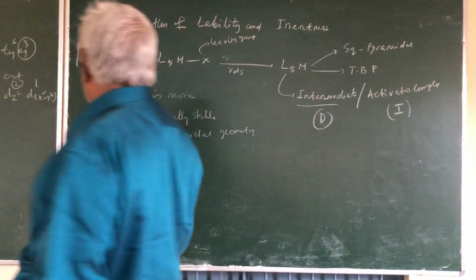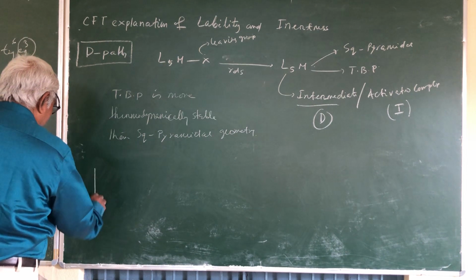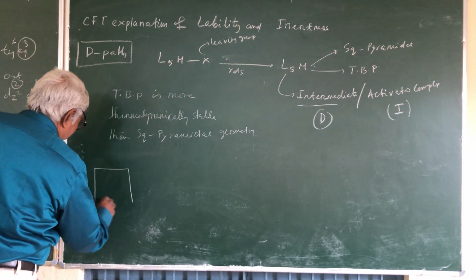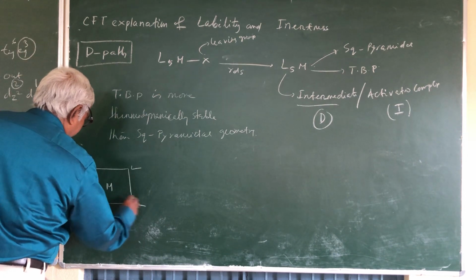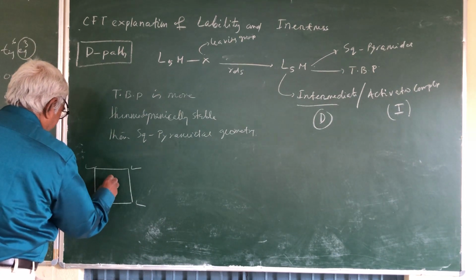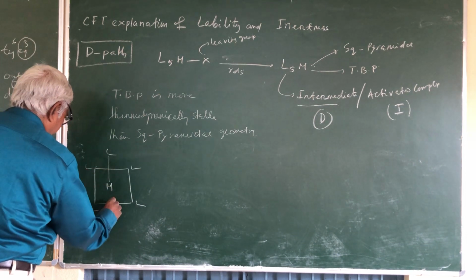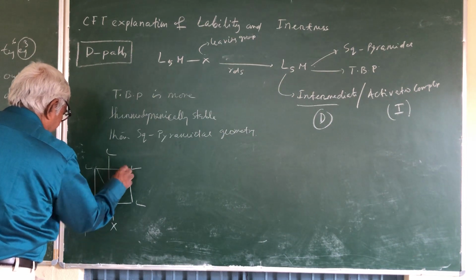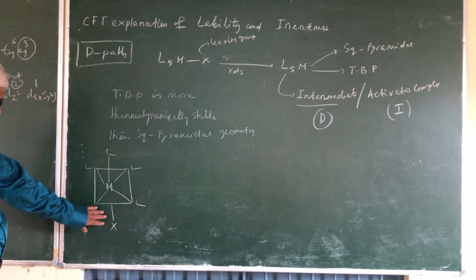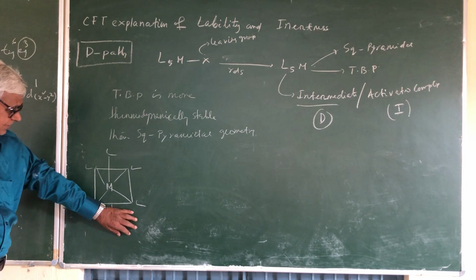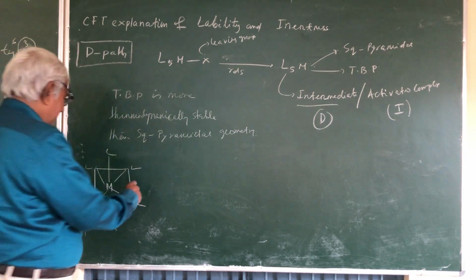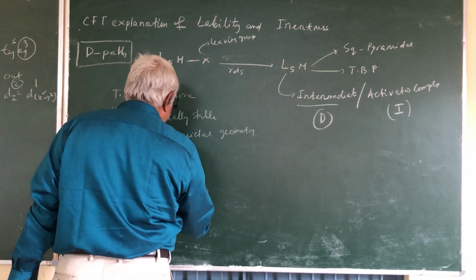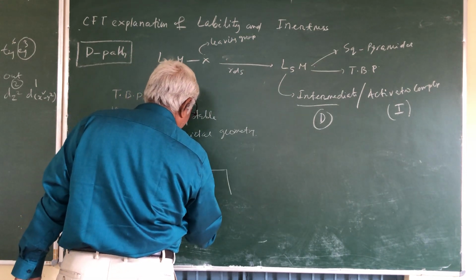Octahedral complex is octahedral. Now look at this. Suppose the complex is like this. This is the leaving group. Now if the leaving group is lost, then you get a square pyramid. So the first step is the formation of square pyramid.